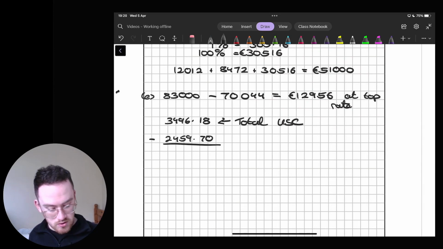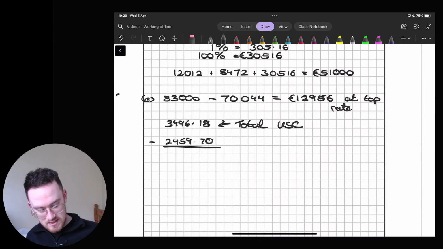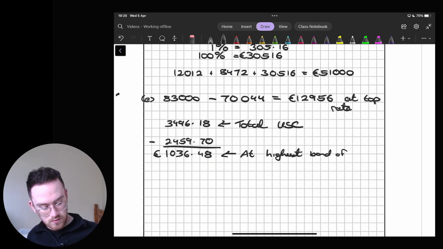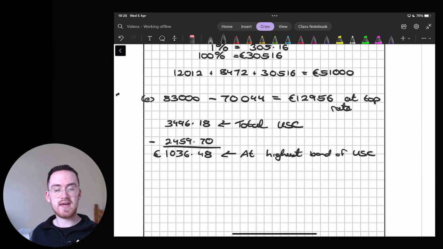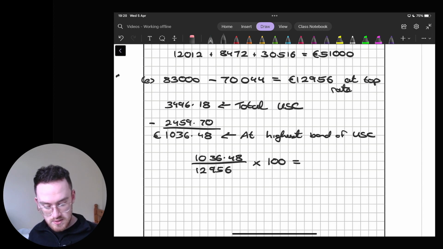Let's take that away because whatever Patrick is earning, whatever he's paying at this higher rate, he's gone through the previous three rates already. So this is what he pays at the highest band of USC. That's the amount of USC he's paying. That is a proportion, a percentage of his income at that band, which was the 12,956. And we'll change that to a percentage then.